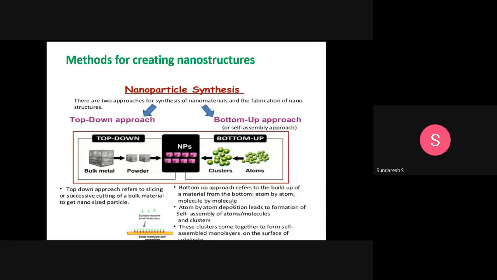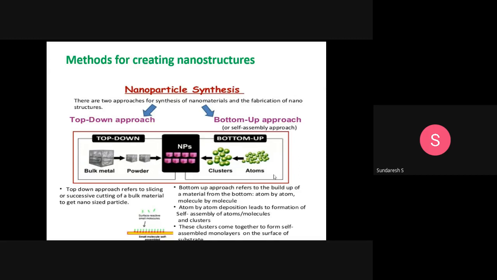You are building from the smallest particle of matter, the atom. Atoms lead to molecules and molecules lead to matter. So in the bottom-up approach, we start building up the material from the bottom. Atoms get bonded together to form a molecule, molecules get attached to molecules, and they go on to form matter. This is the bottom-up approach.